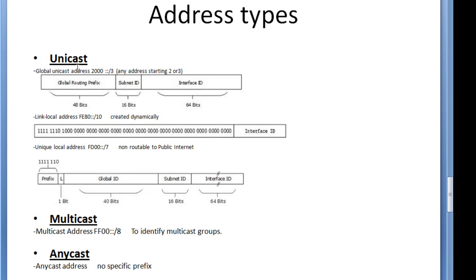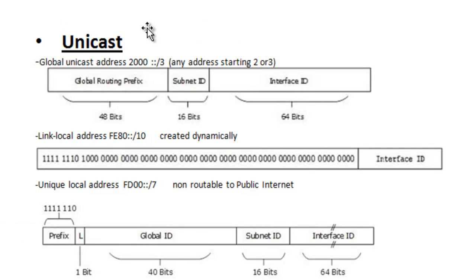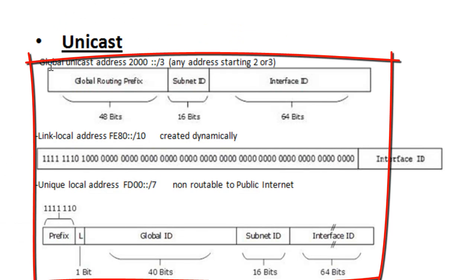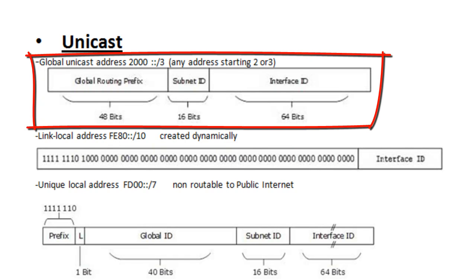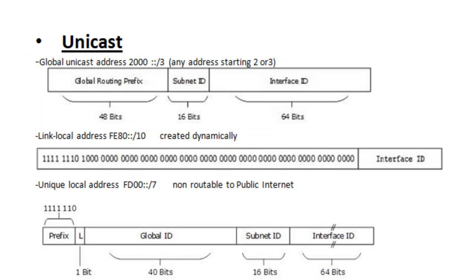First of all, we're going to start with the unicast address. With unicast, we have three categories of address. First, what we call the global unicast address. The IPv6 global unicast address is the equivalent of the IPv4 public internet address.